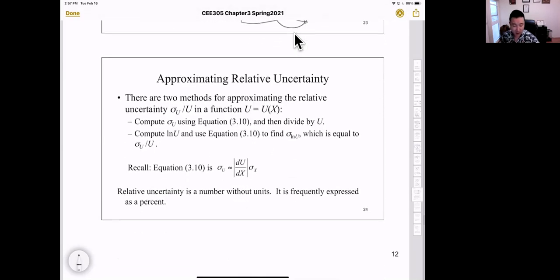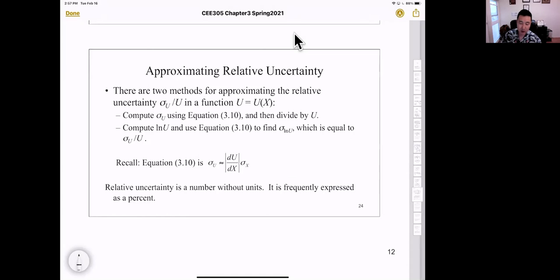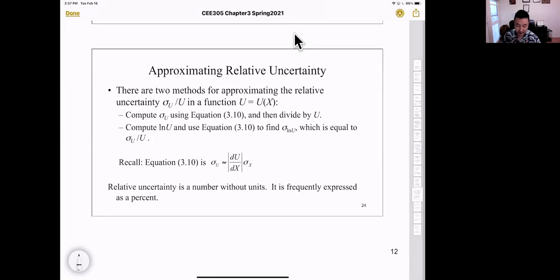And these slides talk about how to calculate relative uncertainty. Relative uncertainty is sigma u over u. We could use one of these two methods to calculate the relative uncertainty, depending on which one is easier for that specific question.